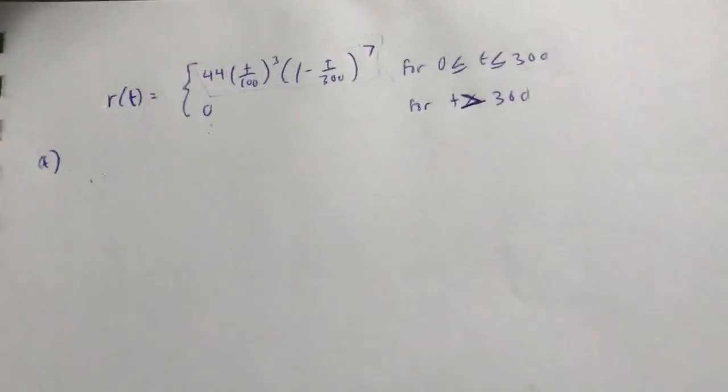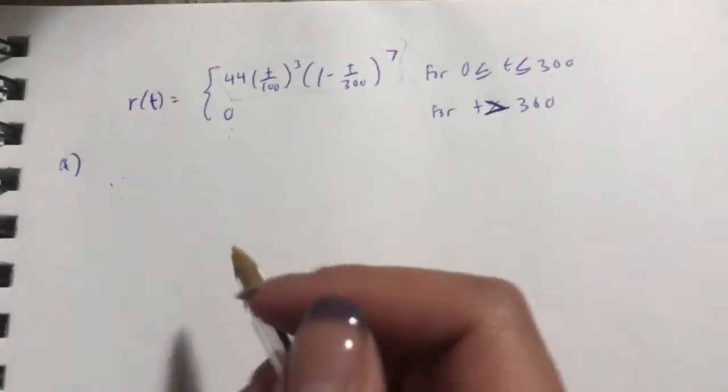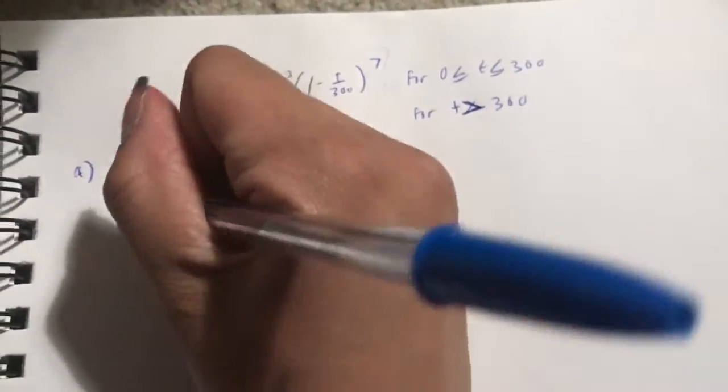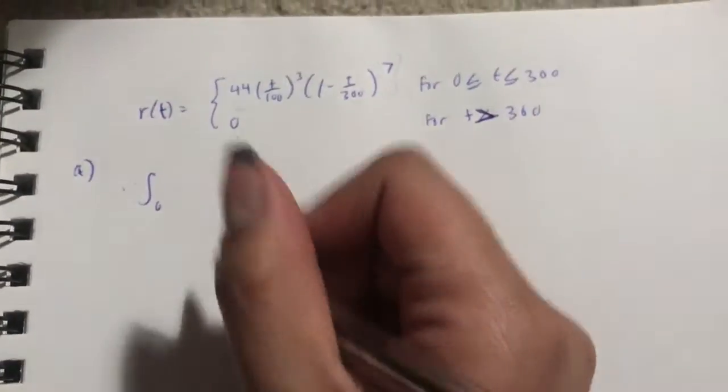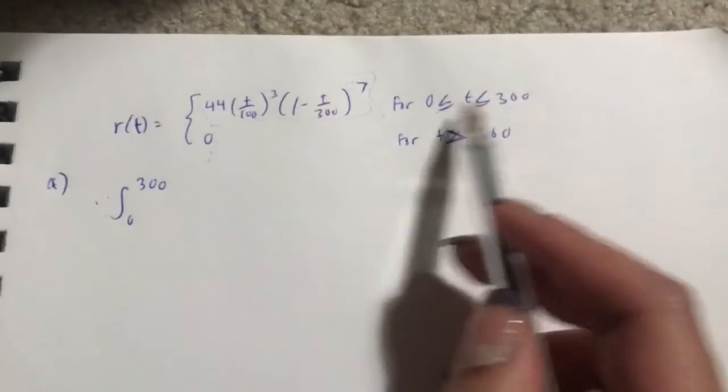So if we're finding out how many people enter the line for the escalator during this time interval, the total, that's an accumulation of people. So we can use an integral to find that out. We're going to set it from 0 to 300 because that's the time interval.